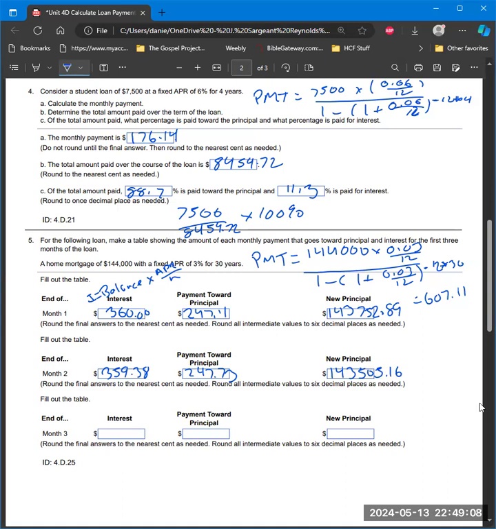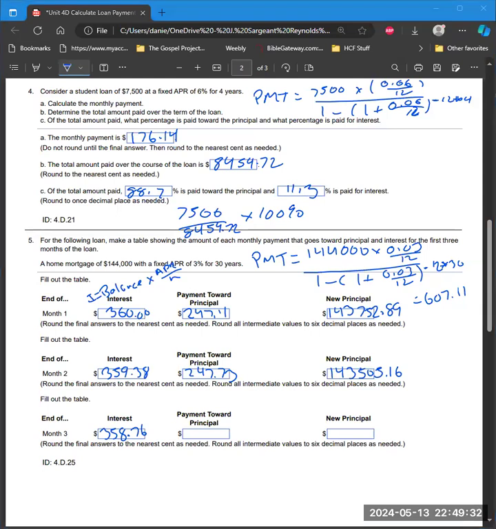Then we're going to multiply that times our APR over N. So that's 0.03 over 12 gives us an interest payment of $358.76. And then we're going to take that out of our monthly payment.